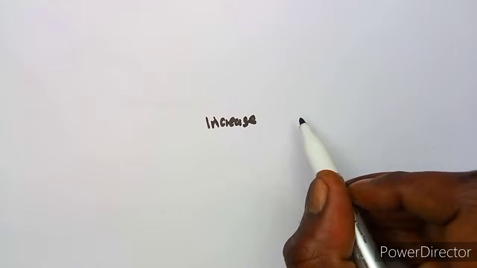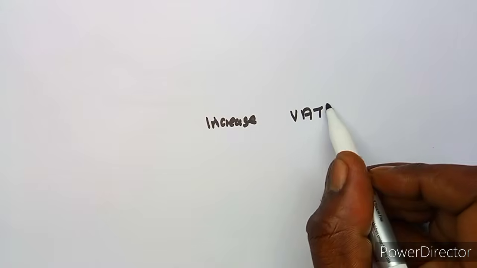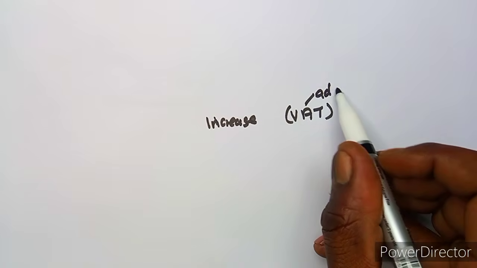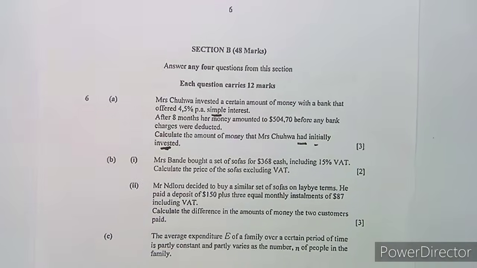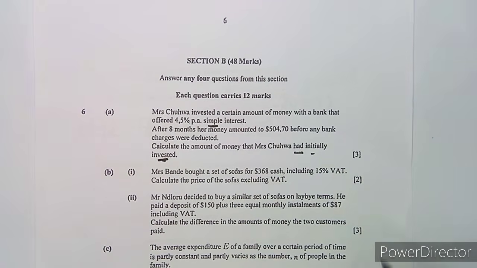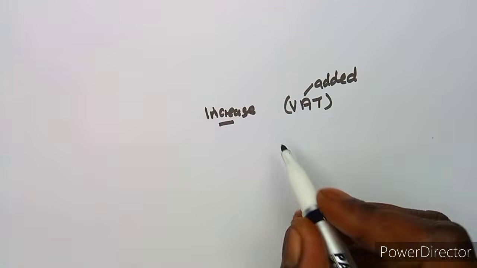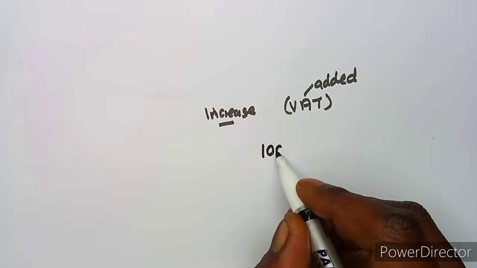Whenever there is an increase like this one, a VAT, an added tax, it means originally the sneaker that you wanted to buy was priced at 1,100 rand, then a tax was added. Before that tax was added, what does it mean to us?